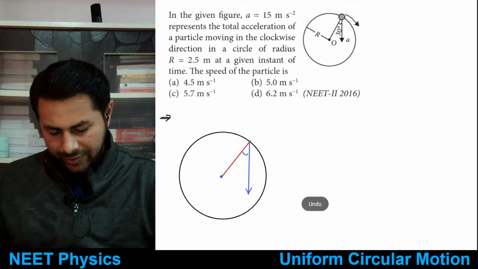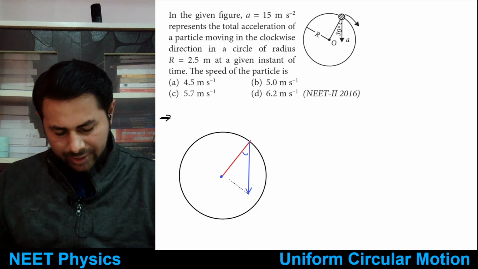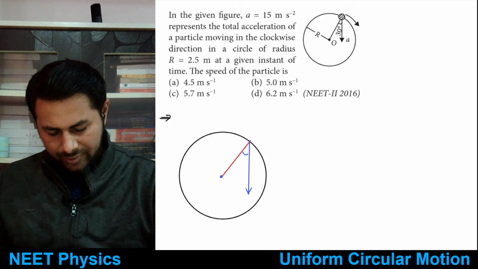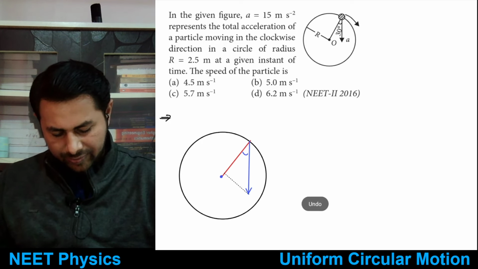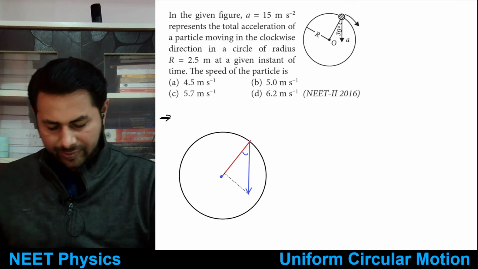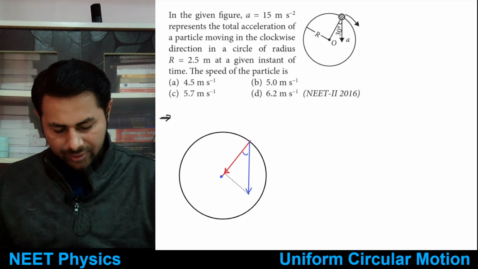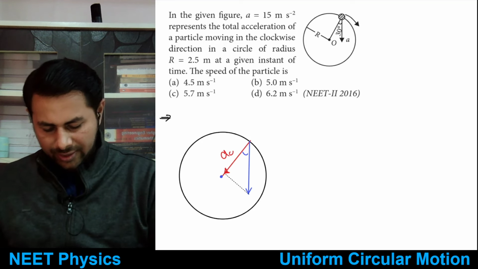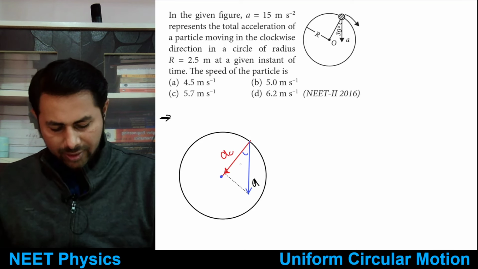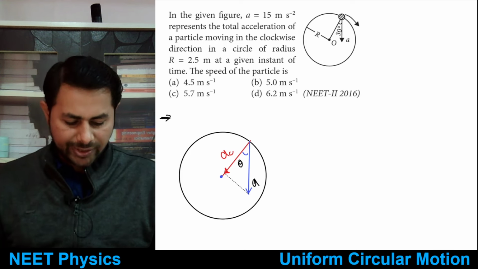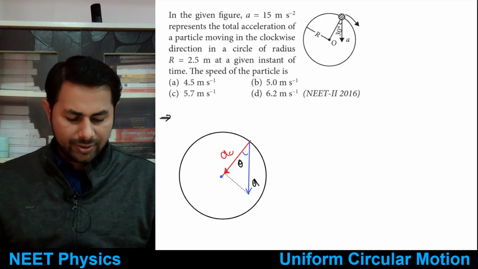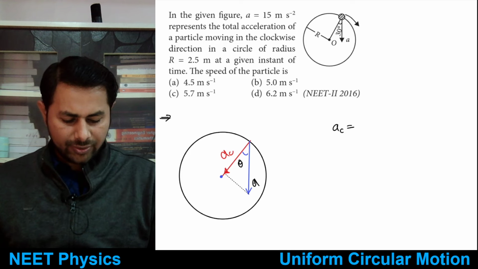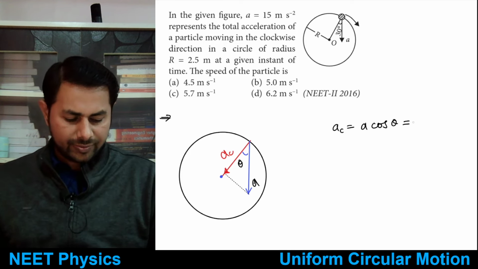So, now you can say that there would be some centripetal acceleration, right? The centripetal acceleration is just the radial component of this acceleration. So, this much is centripetal acceleration, this is A_C and this is A, this angle is theta. So, what is the relation between A_C and A? I can just say that A_C is equal to A cos theta, that is A cos 30.